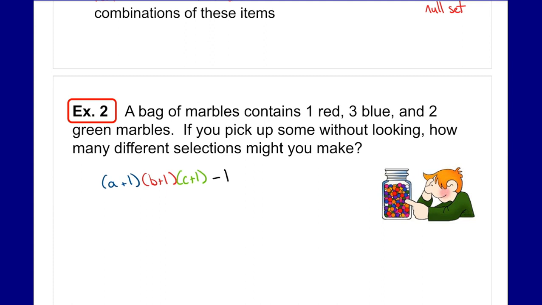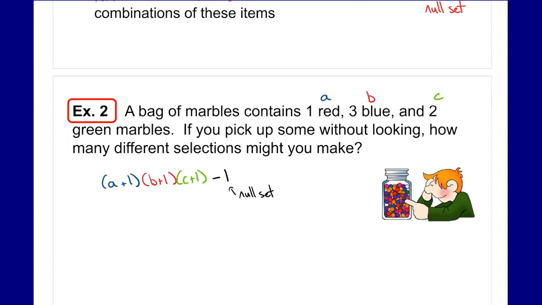and then we're going to subtract that null set, or that one scenario where we don't select anything. Right? So what do A, B, and C represent? Well, A would represent the red, B would represent the blue, and C would represent the green, the number of green marbles.